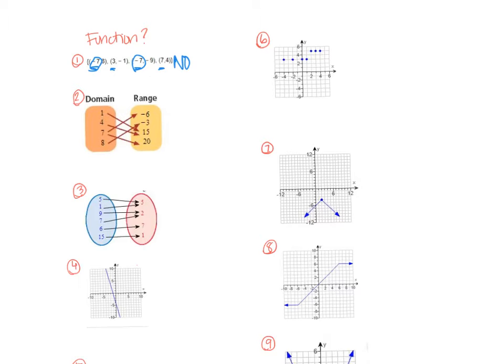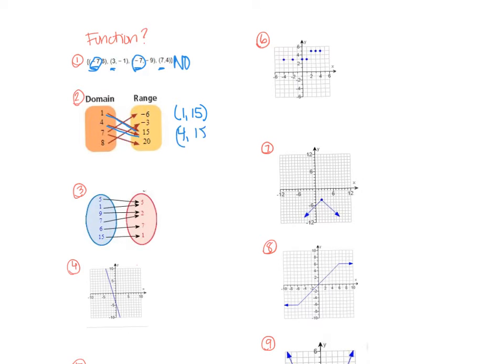Our next one is a domain and range with a mapping function. So if we look at this, it says that 1 maps to 15. If we wanted to, we can write these out in ordered pairs. So 1, 15. 4 maps to 15.